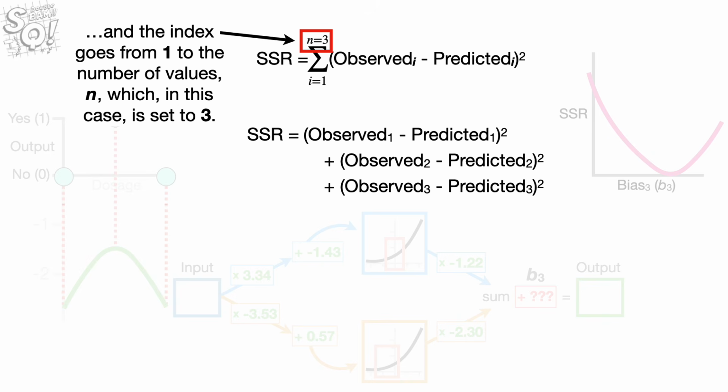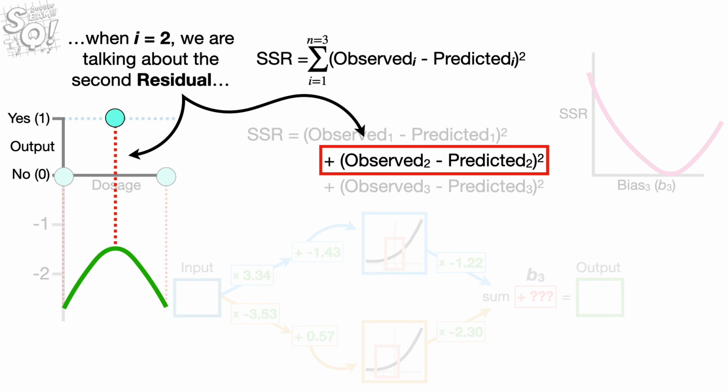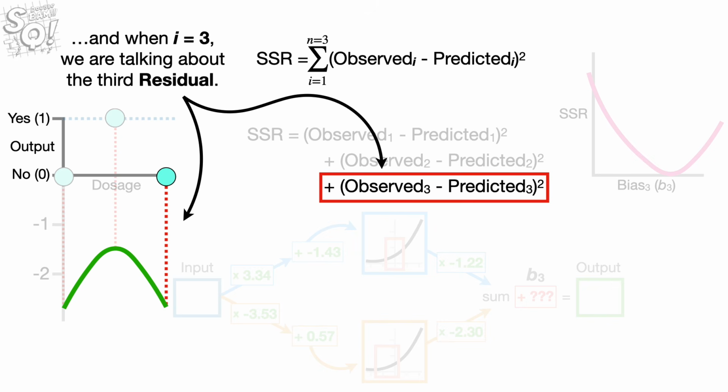And the index goes from 1 to the number of values, n, which in this case is set to 3. So, when i equals 1, we're talking about the first residual. When i equals 2, we're talking about the second residual. And when i equals 3, we are talking about the third residual.